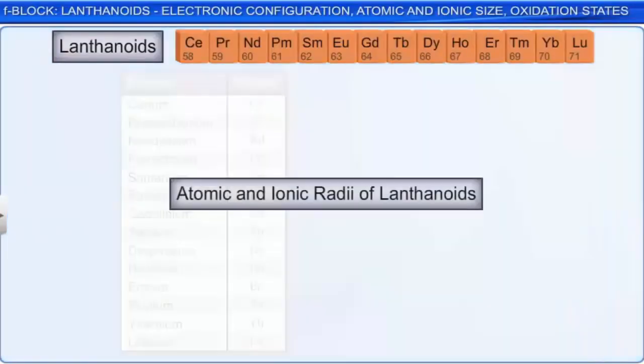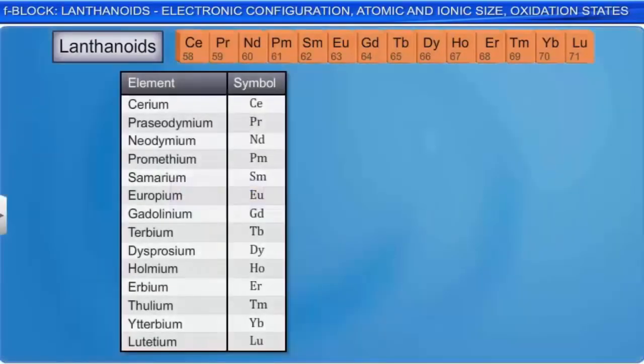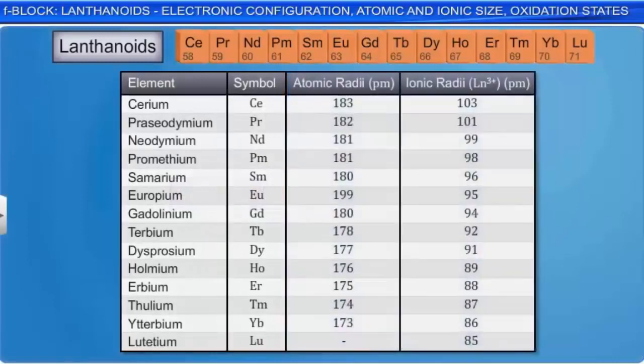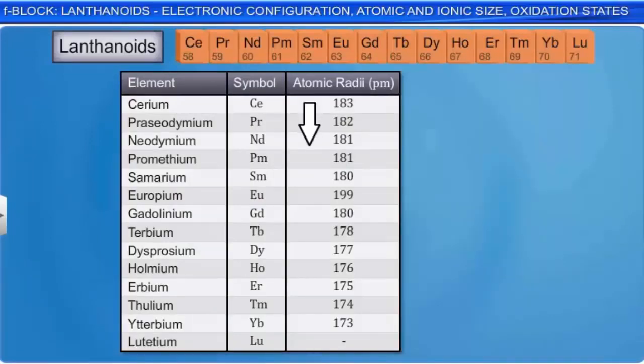Next, we look at the atomic and ionic radii of these elements. The atomic and ionic radii are shown in the table here. You can see that the atomic radii exhibit a smooth trend across the series, with the exception of the element europium.